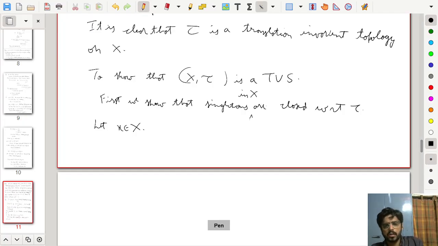To show that singleton x closure is equal to singleton x.